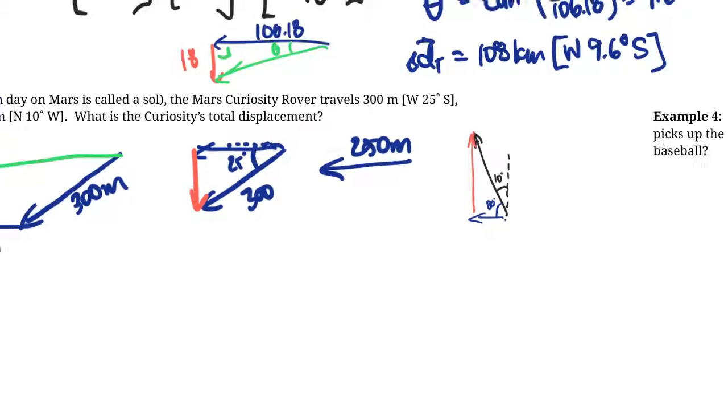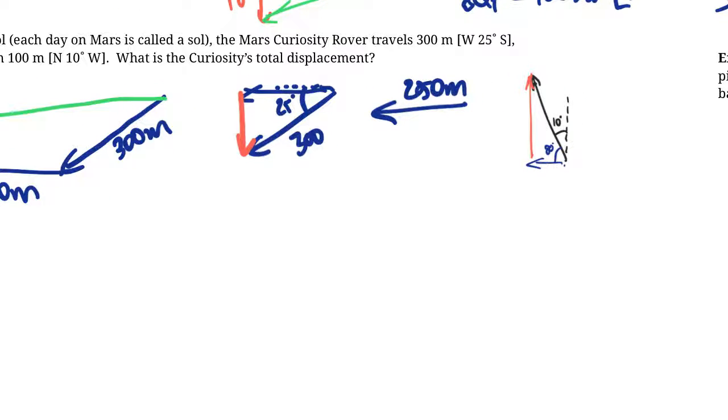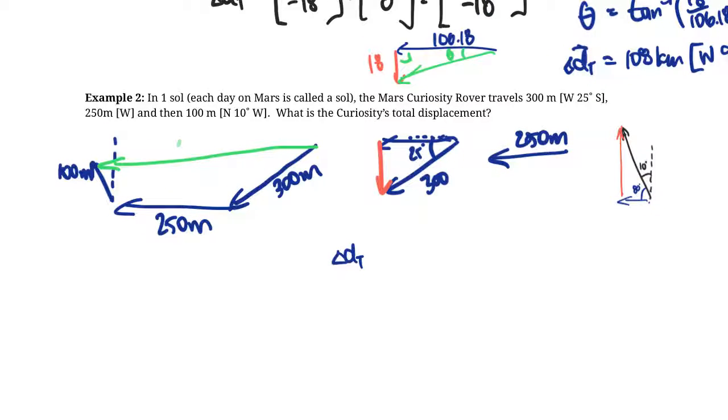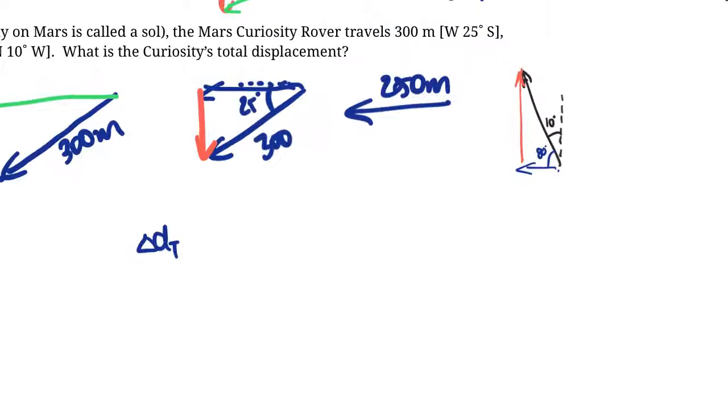So this is the way I like to do the calculation, just to make it super easy. I've got those three things there, and we can say that our total displacement, our delta dT, we didn't actually label that on our sketch, we should, delta dT, right? Our delta dT is equal to the components of this vector, and the components of the first vector, so this is the x component, right?